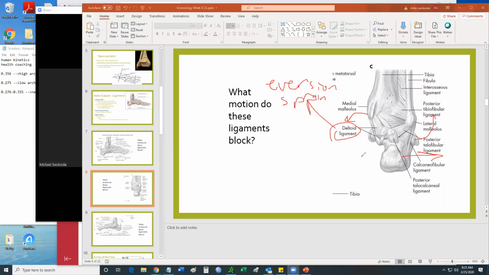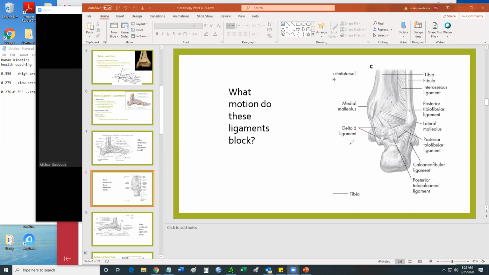It's going to hurt. But if you do an eversion sprain, you're talking about damaging your entire leg. Because if you go into eversion, so if you drop your foot down this way, it'll actually put strain all up through your knee. Most likely, if you do an eversion sprain, you're breaking bones as well, which is not a good thing. I don't think in any scenario it's ever a good thing to break your bones.